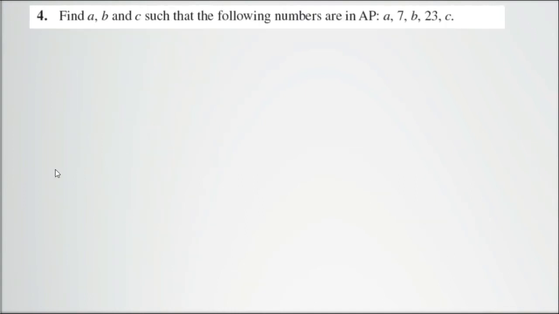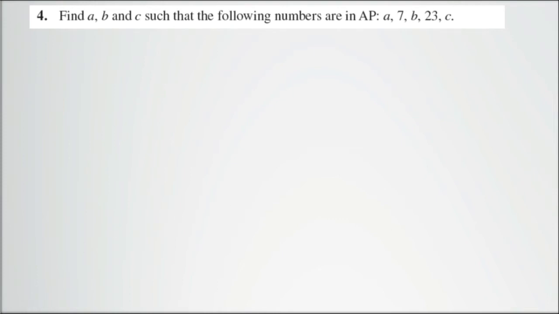Fourth question is to find A, B and C such that the numbers are in arithmetic progression. A, 7, B, 23, C, these are the numbers of arithmetic progression. Let us find out the relation.